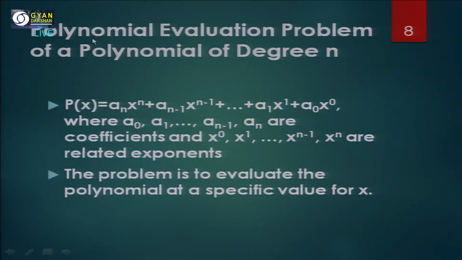So let us now evaluate these algorithms, because our prime purpose is to see how these particular algorithms are performing. So now you are clear about the process of what we do. This is polynomial evaluation.